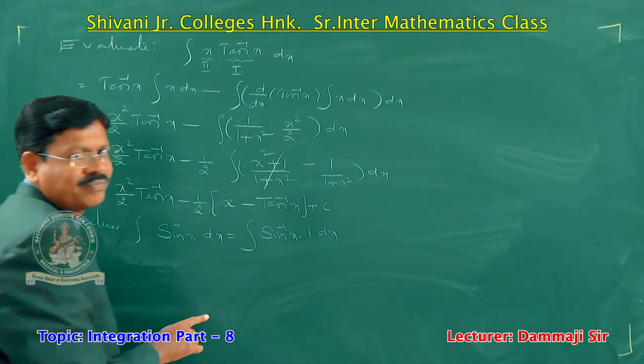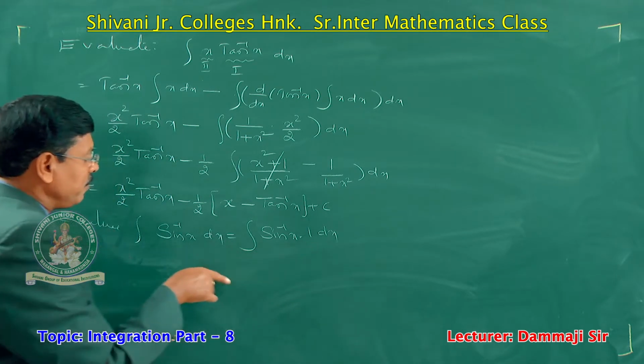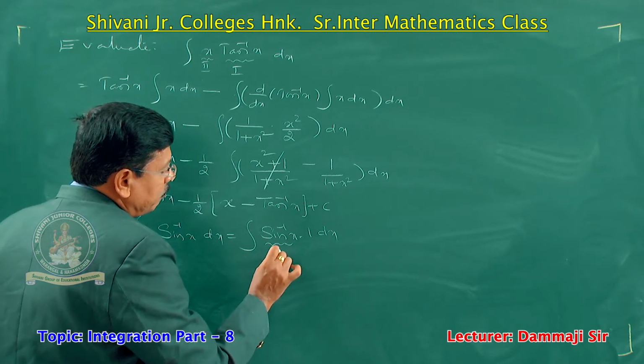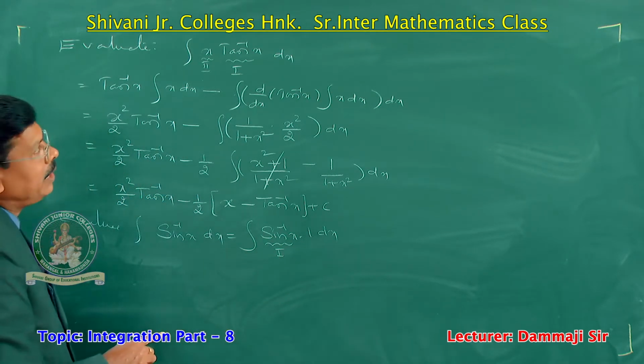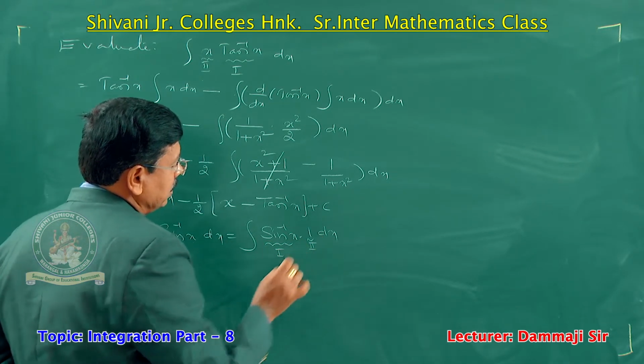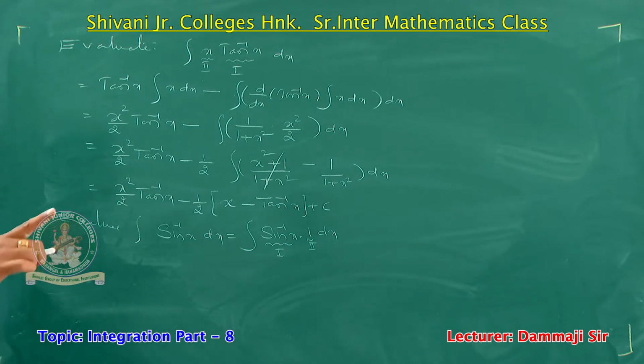You should not change the principal value of the function. Sine inverse is the first one, I, and the second one is the algebraic function. But I will also say there is an alternate method.